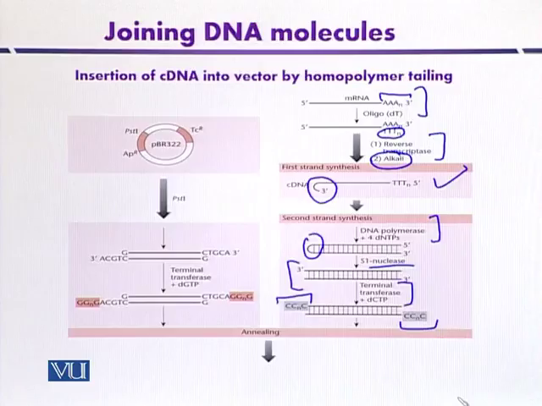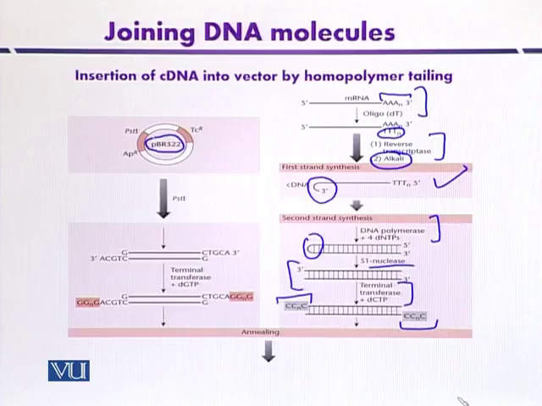On the other hand, the vector DNA can also be used to form homopolymer tails. Here the example is a plasmid called pBR322. It is a very good example of a plasmid vector that is frequently used in gene manipulation procedures.